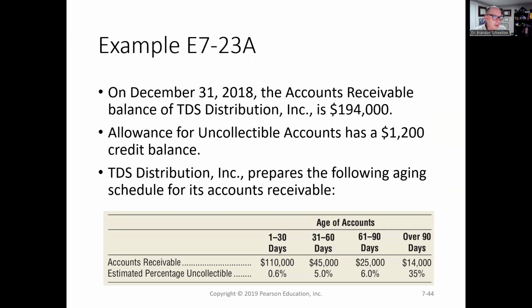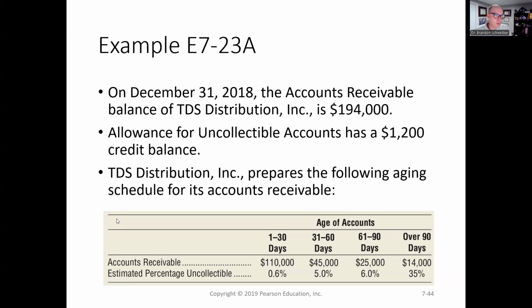So just to give you a quick example of the situation, looking at uncollectible accounts based off the aging schedule. We assume that instead of a $1,200 credit balance, the allowance for doubtful accounts has a 700 debit balance before the adjustment. We can make an adjusting entry to reflect this change based off of the percentages.